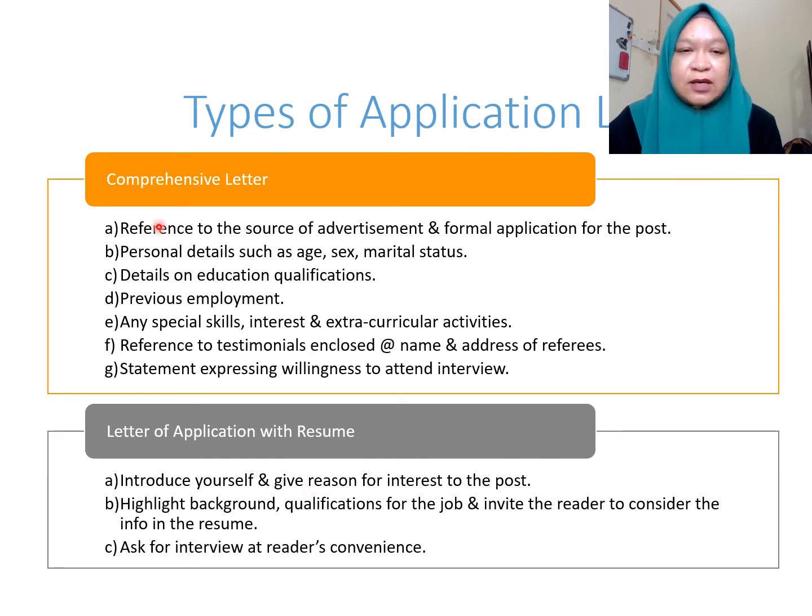The comprehensive letter contains all the information about yourself: your educational qualifications, your previous employment, your skills, references, and lastly you state that you are waiting for them to call you for the interview session.